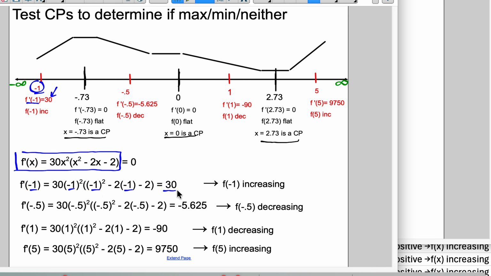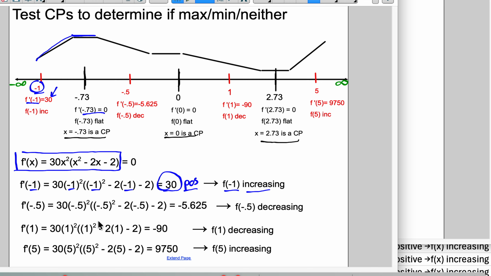And when I do that, I get the derivative of positive 30. So because 30 is positive, the derivative is positive, that's telling me that my f function, f of negative 1, is increasing. So I'm increasing here. At my critical point, the derivative is equal to 0, which tells me that f of x is flat.